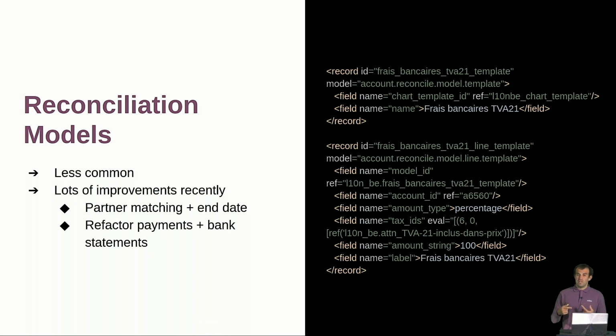It's also possible that you need to give another partner instead of the partner that's linked to the bank account. The performance has also improved there for the reconciliation lately, because we treat rule by rule and not everything at once in one big SQL query.